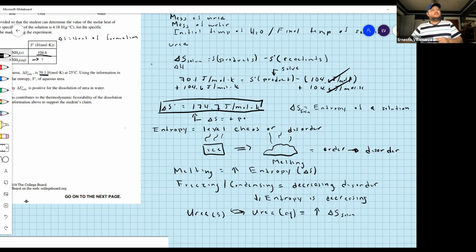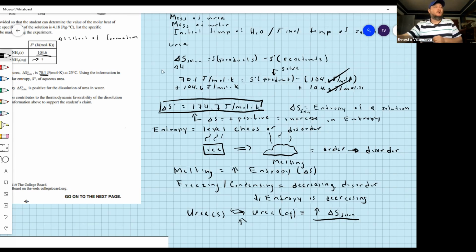If entropy is positive, that means we have an increase in entropy, an increase in disorder. Because the entropy is in fact positive, because that's what we calculated, we can confirm that the increase in entropy for this reaction is an accurate assessment of what's going on.